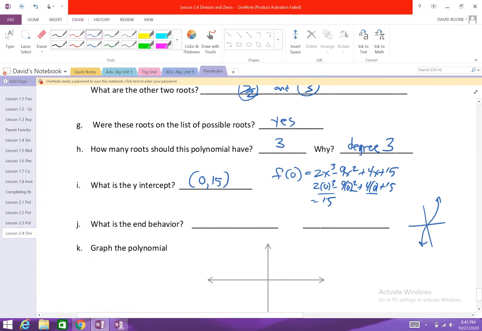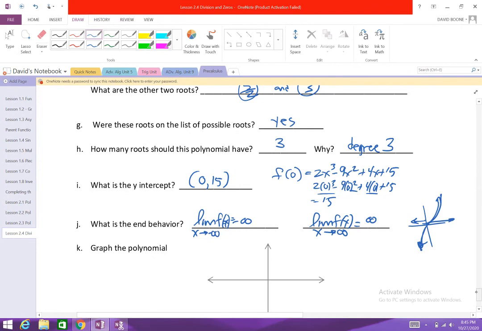So if I look at that end behavior as x goes to negative infinity, the limit would equal negative infinity because it's going down. The limit of f of x as x goes to positive infinity, so as x goes this way, the graph's going up, so that's going to positive infinity.